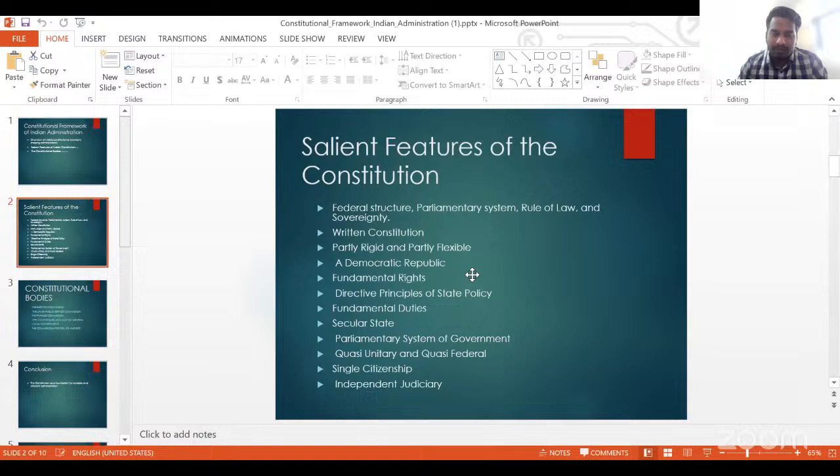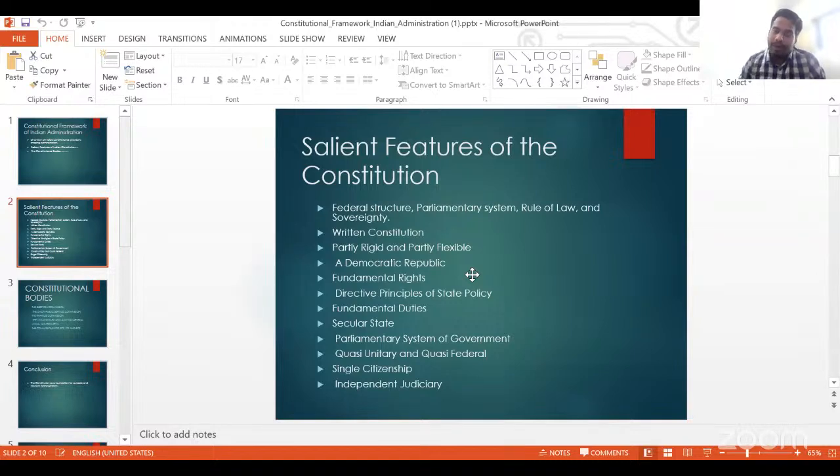Mainly it is derived from the Government of India Act 1935, which was under British India. We have many provisions relating to peculiar problems in India, like those for backward regions or scheduled castes and scheduled tribes.